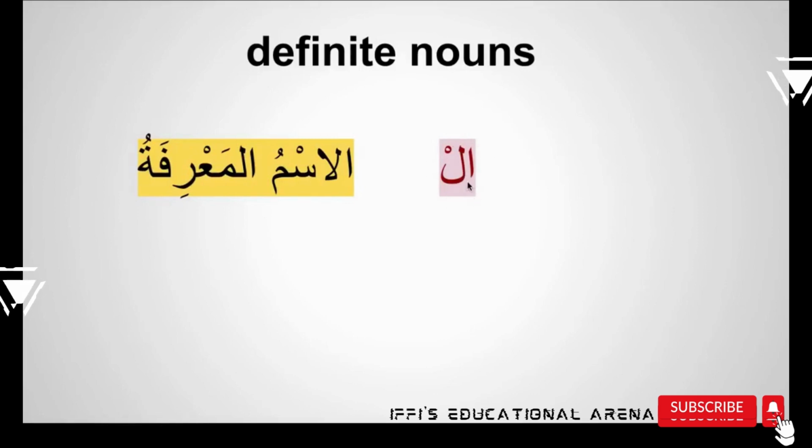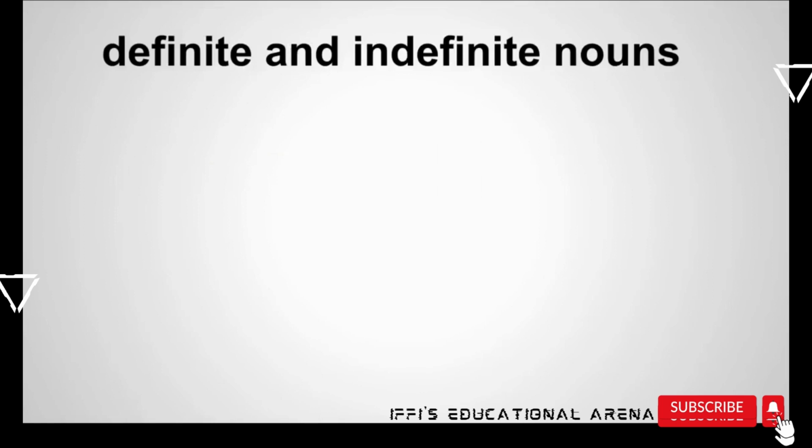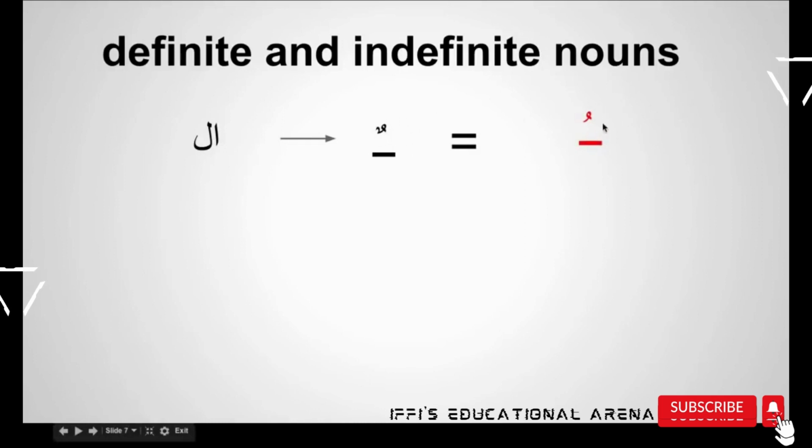If you add al to any indefinite noun which has double tanween, that double tanween changes into a single dhamma. Let's see how it happens.